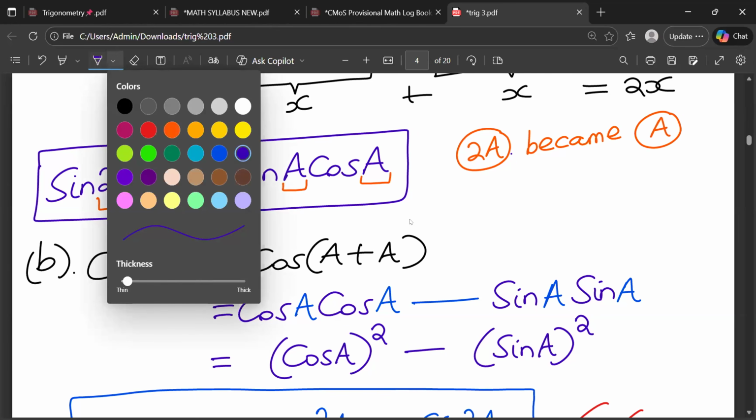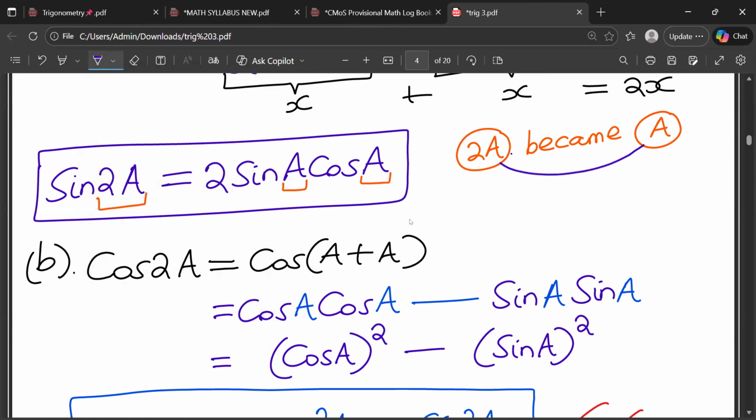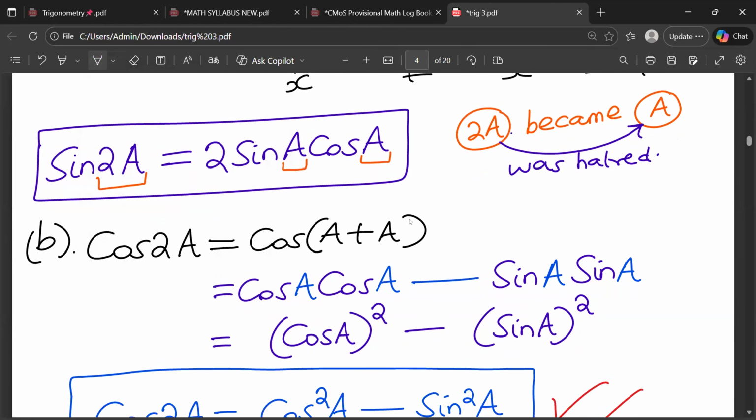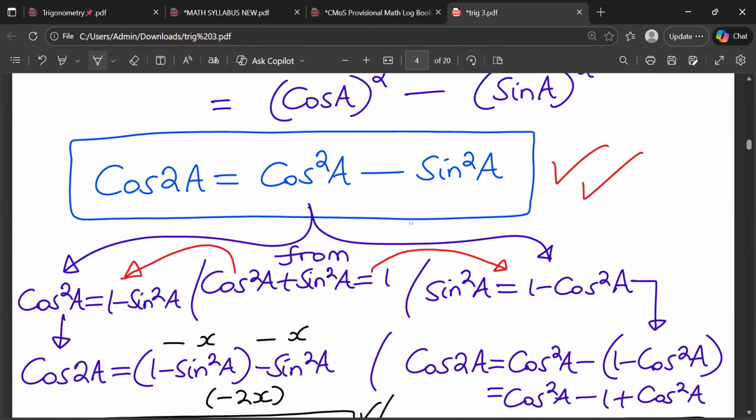So when 2a becomes a, we say that 2a was halved. If I stop there, then I got also this one. What do I also realize? I also realize that the angle was 2a, but on this side I'm having a and a.